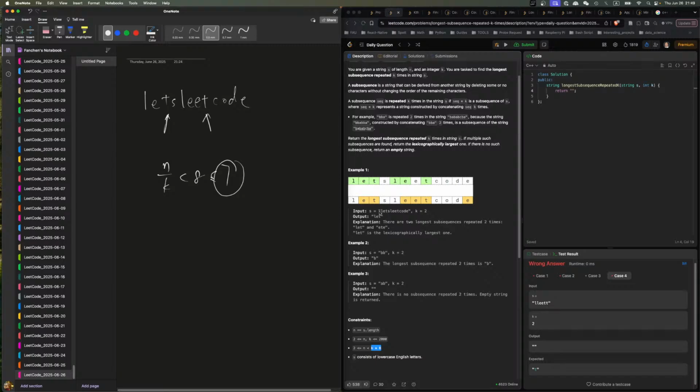Oh, smaller or equal to 7. I still don't know.